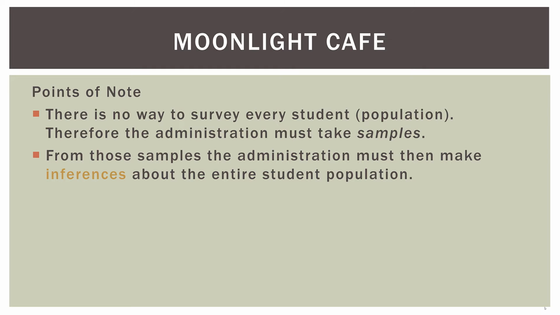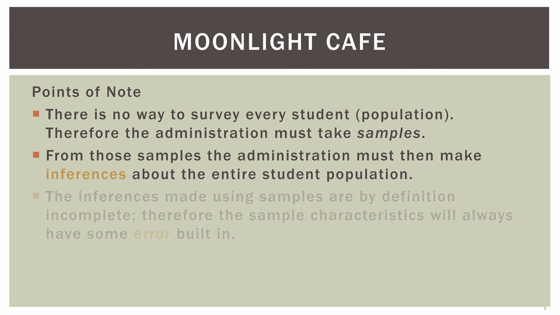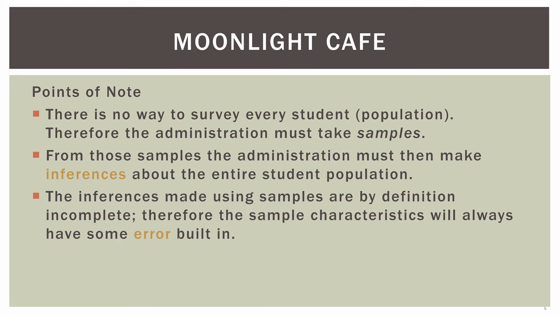We cannot go out and select every element or every piece of the population, in this case students. Therefore, we use samples to infer characteristics about the entire population. The inferences made using samples are by definition incomplete. Therefore, the sample characteristics will always have some error built in.